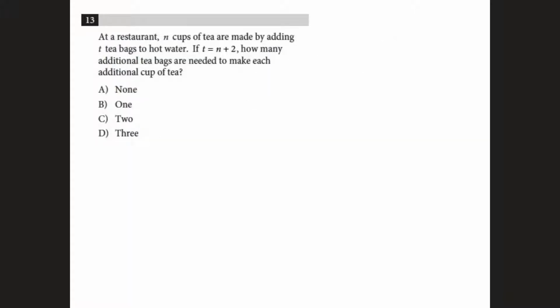Okay, number 13. At a restaurant, n cups of tea are made by adding t tea bags to hot water. If t equals n plus 2, how many additional tea bags are needed to make each additional cup of tea? This is coming up all the time on the SAT. y equals mx plus b. The output is equal to the rate of change times the input plus the y-intercept, the starting value.